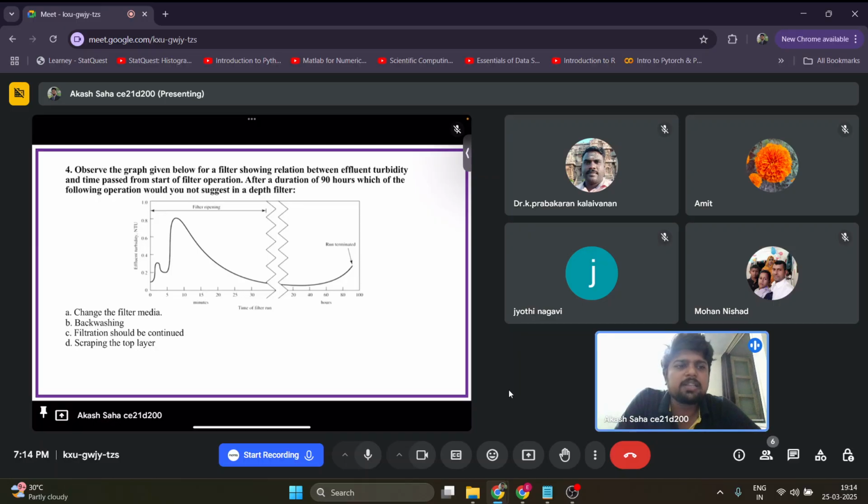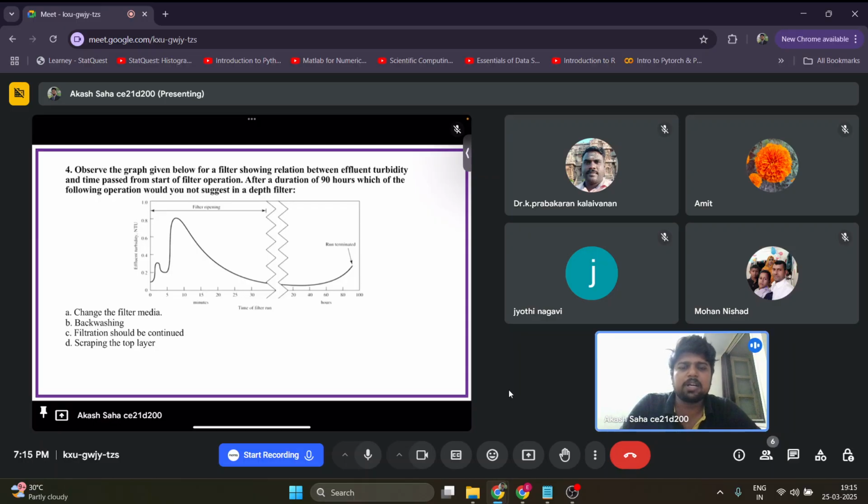Okay, but the only thing which we will definitely not do after 90 hours is the filtration, because now the effluent turbidity has increased to a certain limit which will not allow it to happen. Okay, so we will always set some turbidity limit. Once we start observing that turbidity coming out from the effluent, we will stop the filtration.